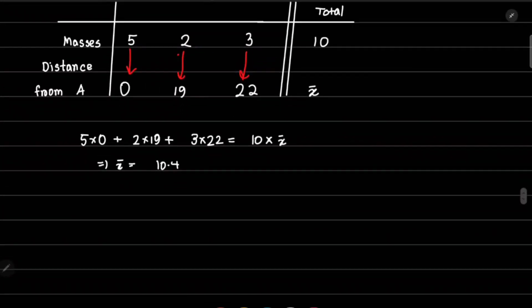Now this is in one dimension. What would we do if there were two? So if I have a graph over here, this is y, this is x. Now we can be given some masses over here.